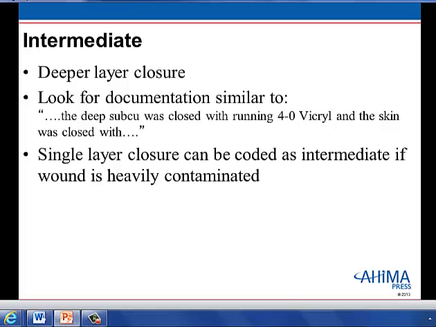The definition of intermediate repairs in the CPT book is the repair of wounds that, in addition to the description of a simple repair, require layered closure of one or more of the deeper layers of subcutaneous tissue and superficial fascia, in addition to the skin, epidermal, and dermal closure. Also, a single layer closure of a heavily contaminated wound that requires extensive cleaning or removal of particulate matter constitutes an intermediate repair.